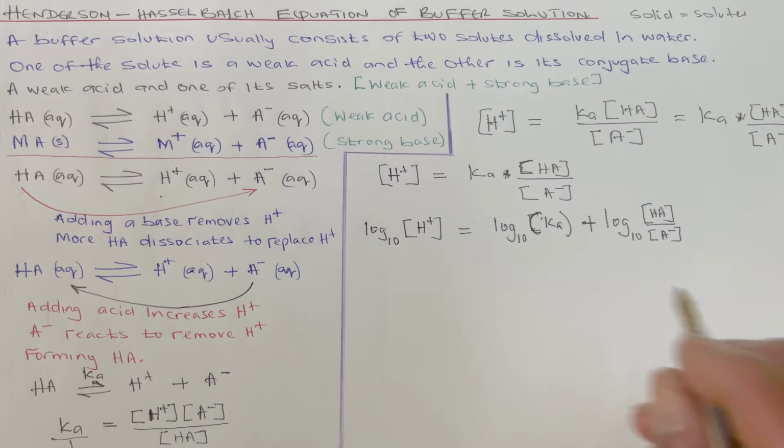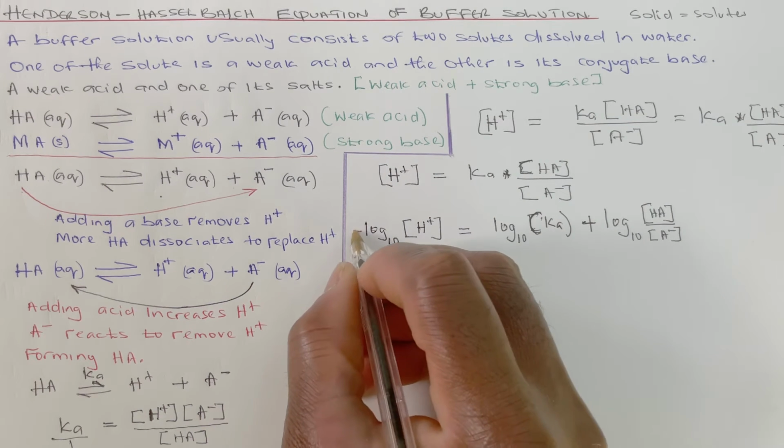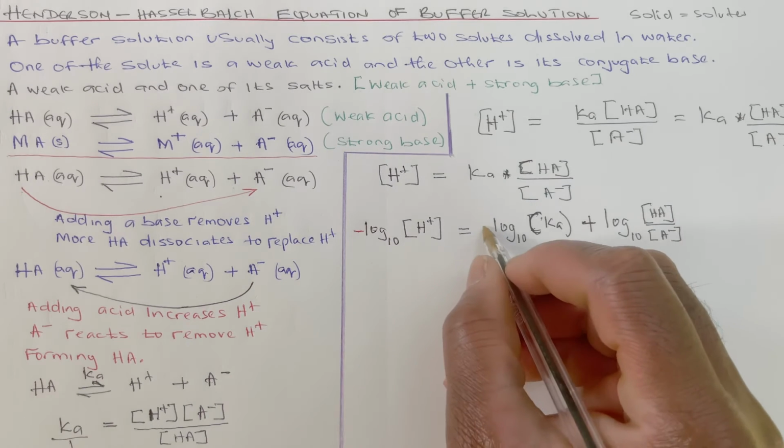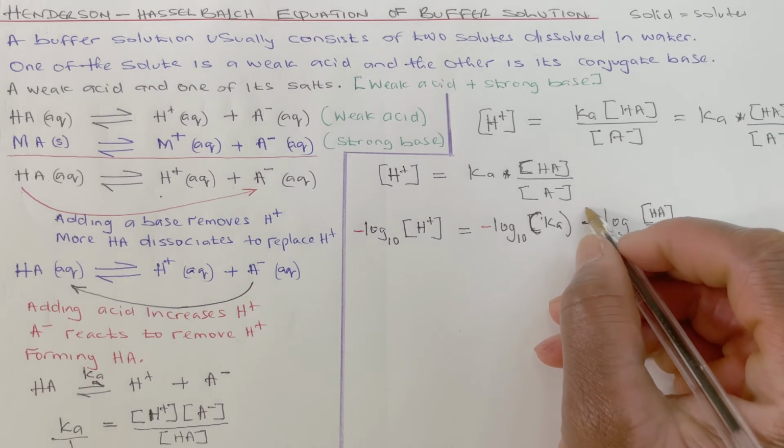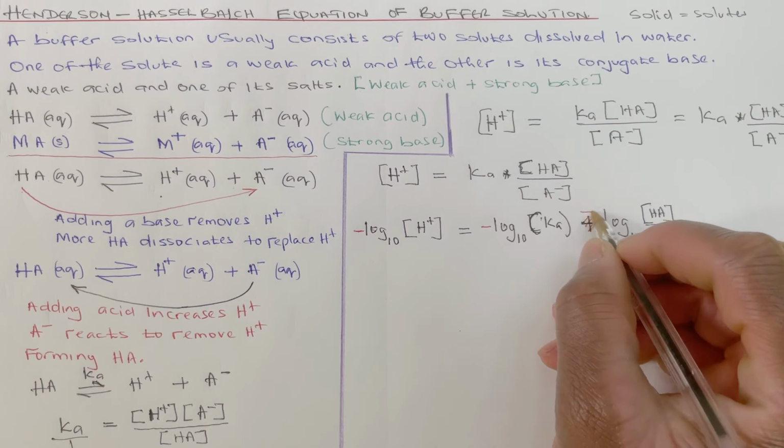Now, if I multiply both sides by minus 1, that will become minus.